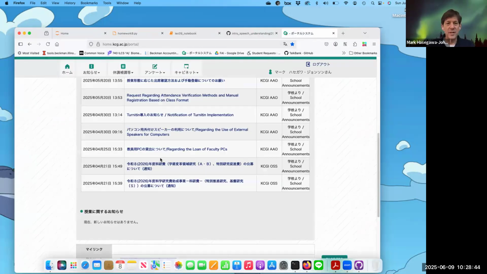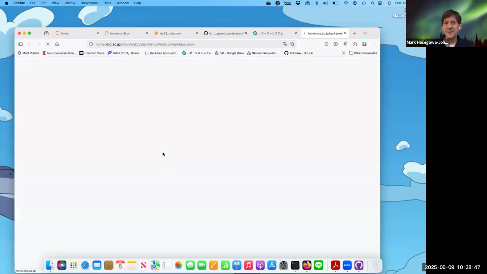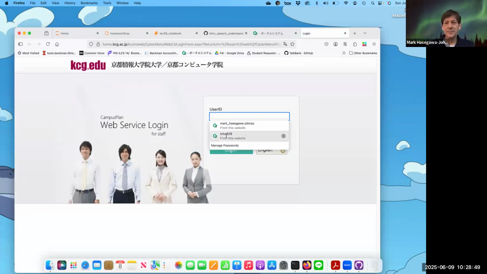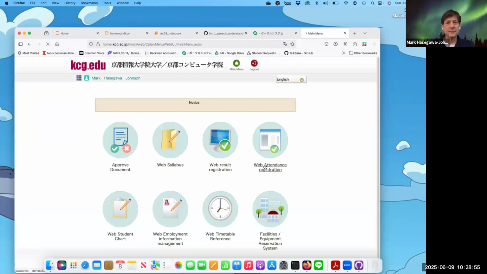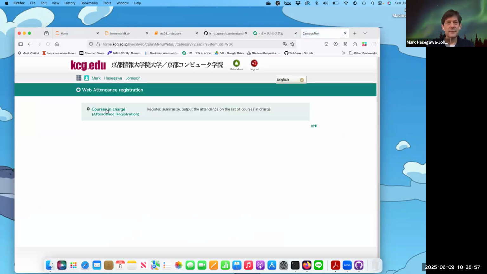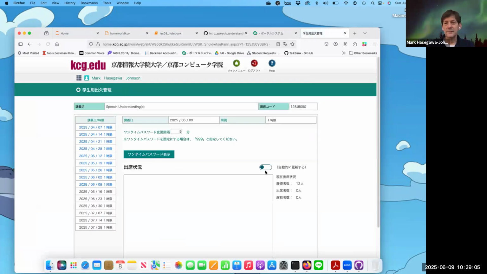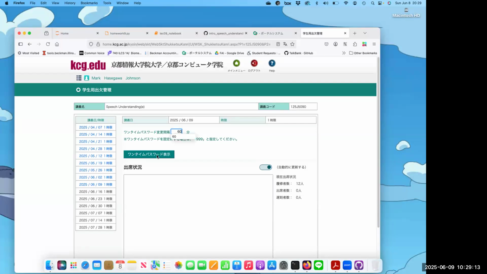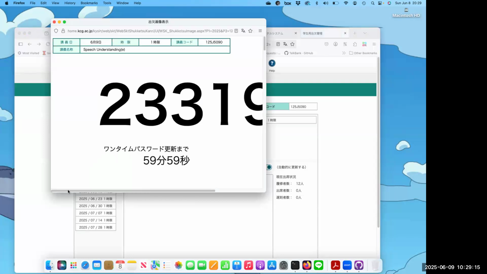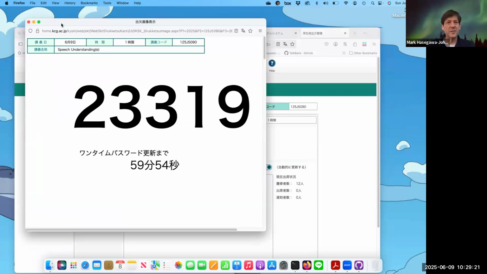So let's go ahead and do attendance. Okay, please go ahead and register your attendance with this code.